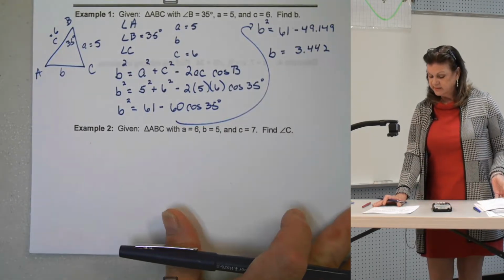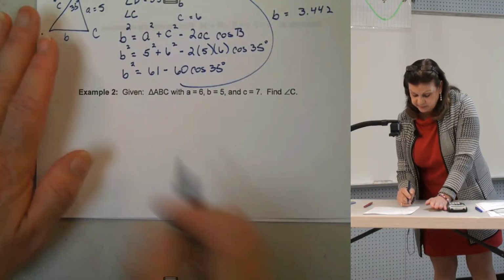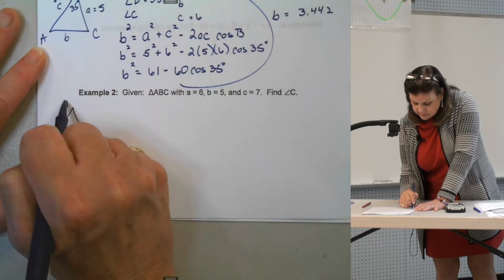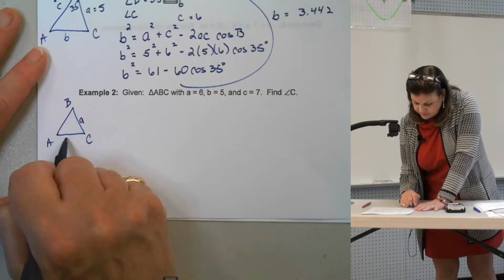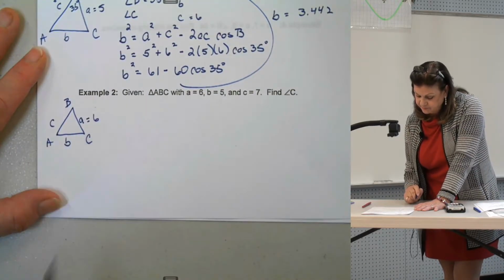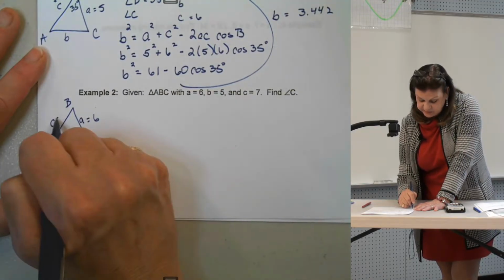All right, let's look at example 2. Given triangle ABC, of course, here we go again, with a equal to 6, b equal to 5, and c equal to 7.